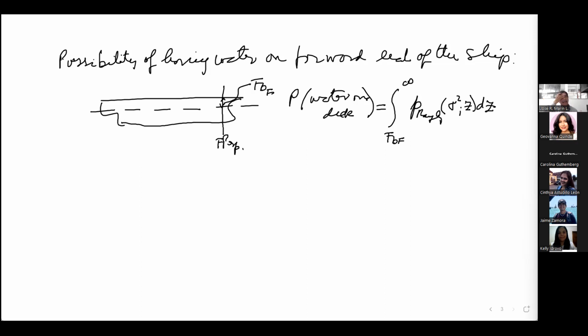And Miss Sayo was showing me this afternoon that she found some recommended values for this probability. That means that if the probability that you calculate for your ship is larger than this recommended value, your ship is getting water on deck too often.